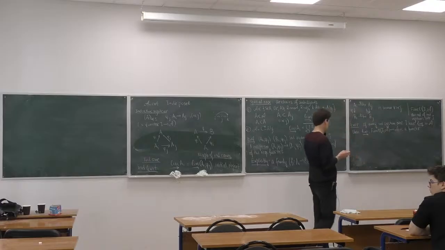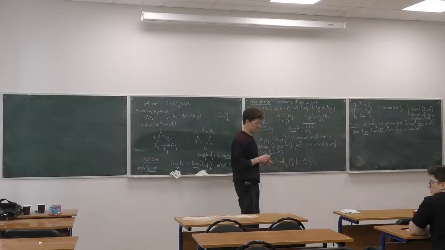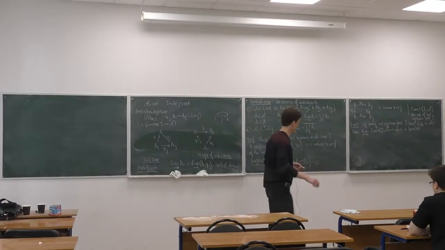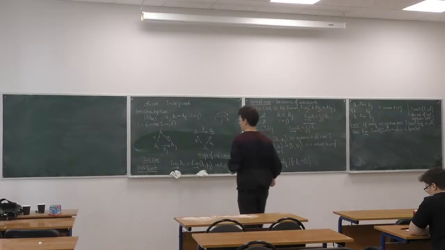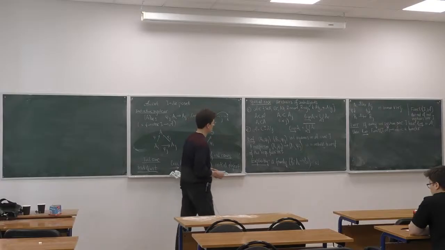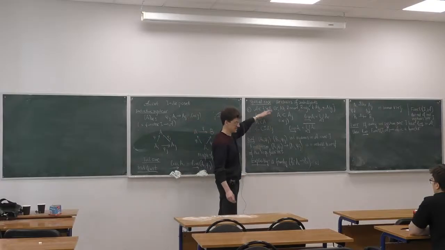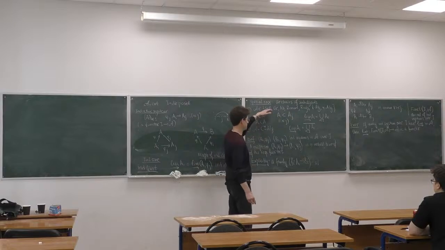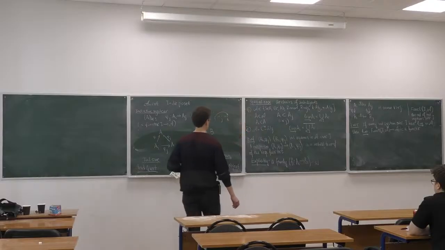Okay, let's now proceed to an explicit construction of an inductive limit in any of these categories. So our next goal is to show that any inductive system in any of these categories has an inductive limit.